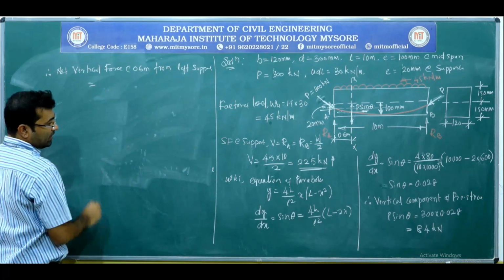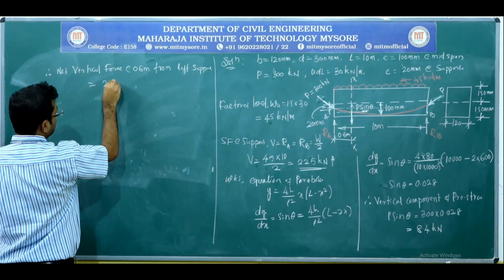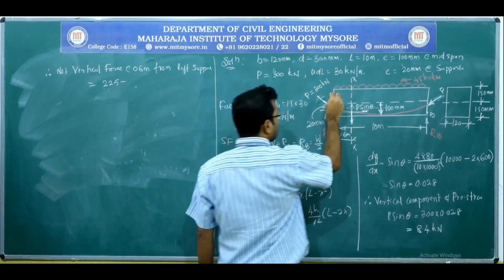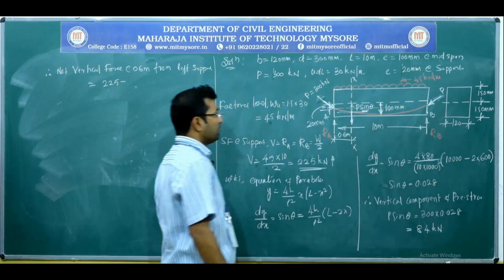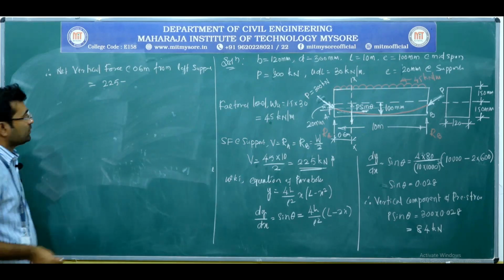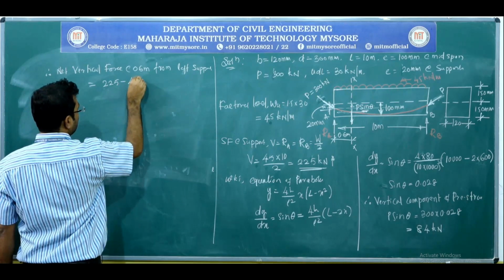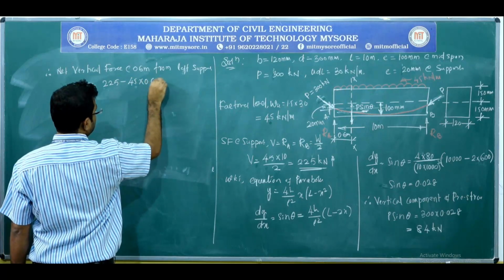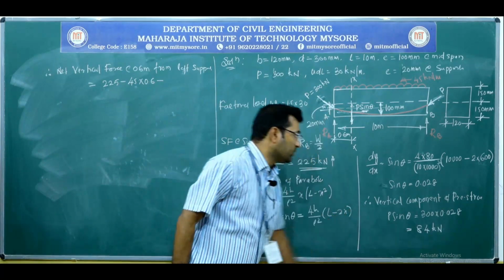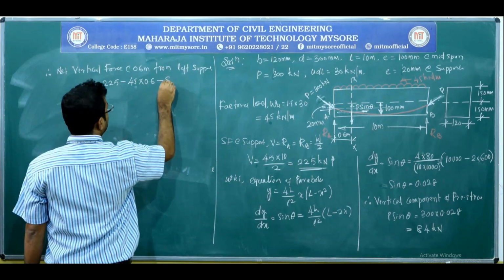So RA is, I think, 225 kilonewton minus the load on this much portion, that is 45 into 0.6, minus the vertical component of the prestressing force, that is 8.4.